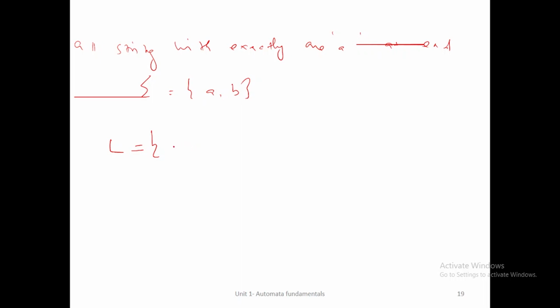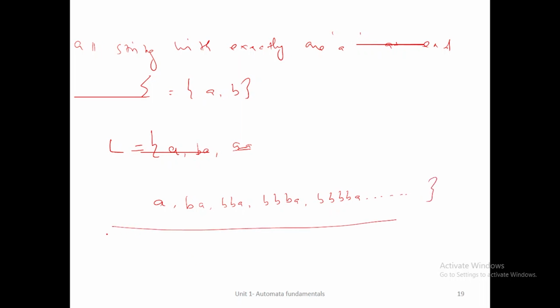So there is no possibility of epsilon. One length means only A is possible. Two length means BA. Exactly one A means there is no possibility of AA. So only one A is possible: A, BA, BBA, BBBA, BBBBA, like that the strings are framed.